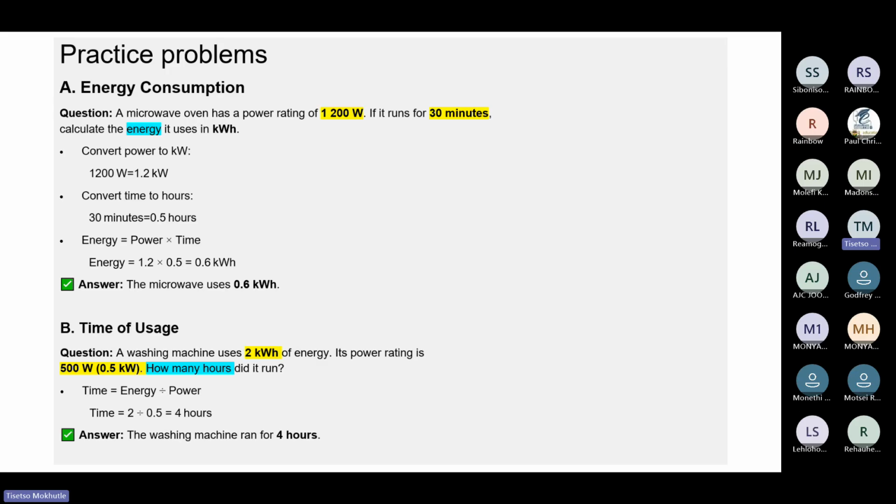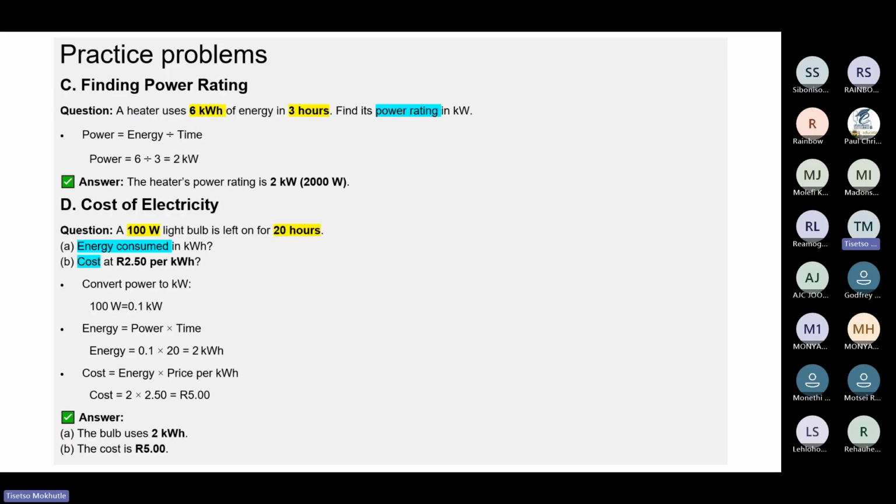The power rating is given to you. How many hours did it run? So you will have to change the formula around. Time equals energy divided by power. The energy is already in kilowatt hours, which is 2, and the power is already in kilowatts, which is 0.5. Then it will run for 4 hours.